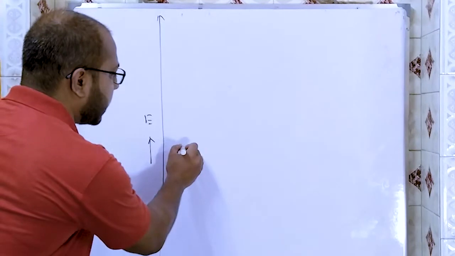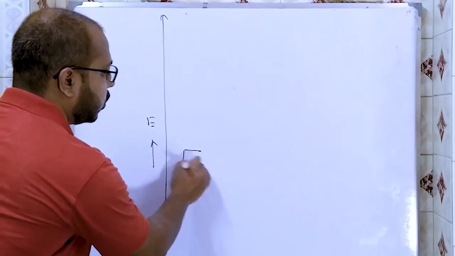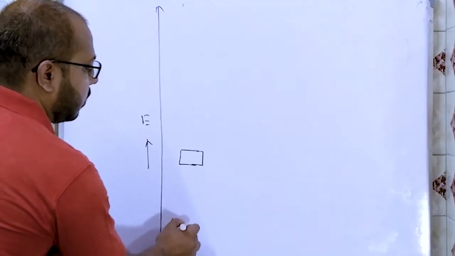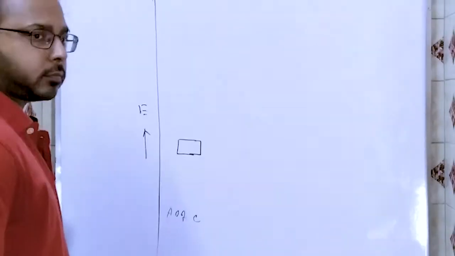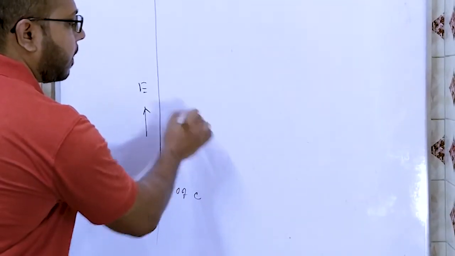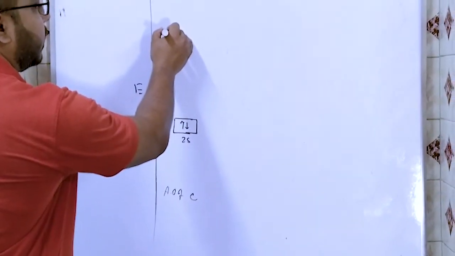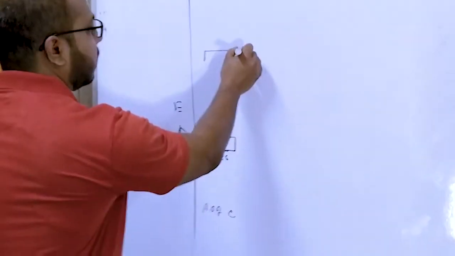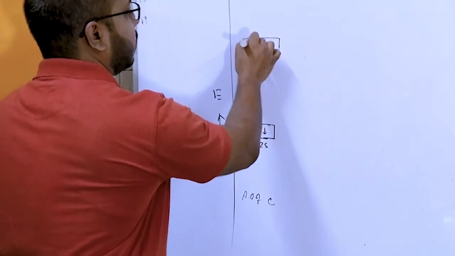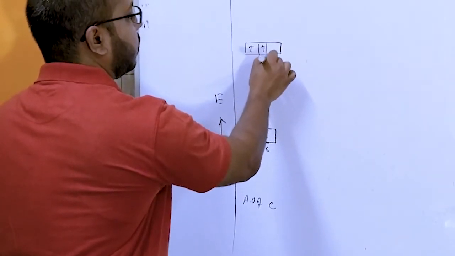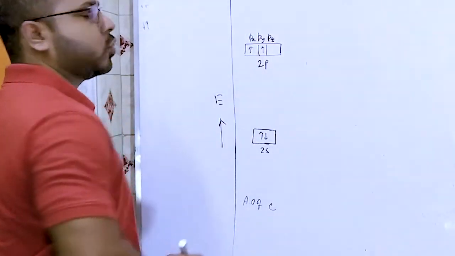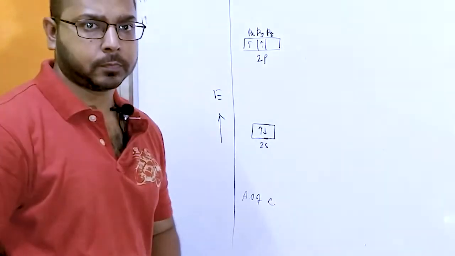So say for example this is 2s of carbon, 2s2 and 2p2.